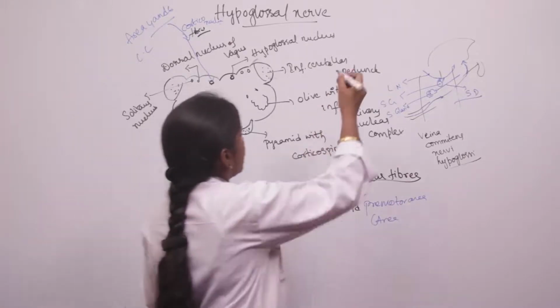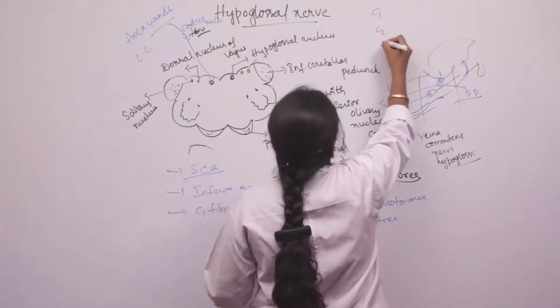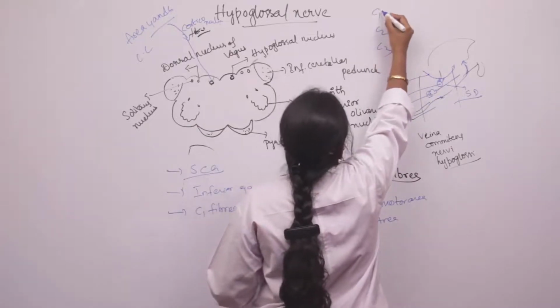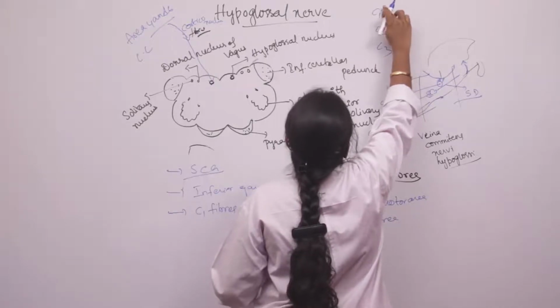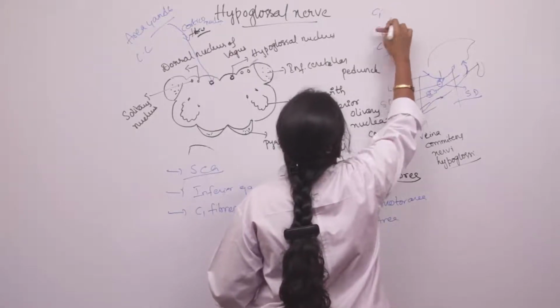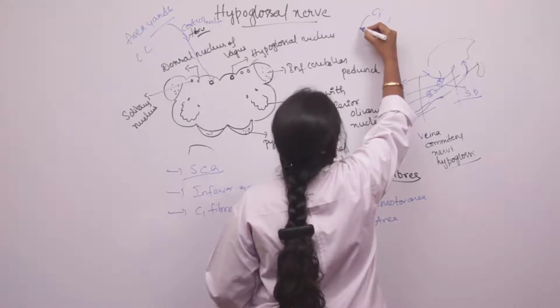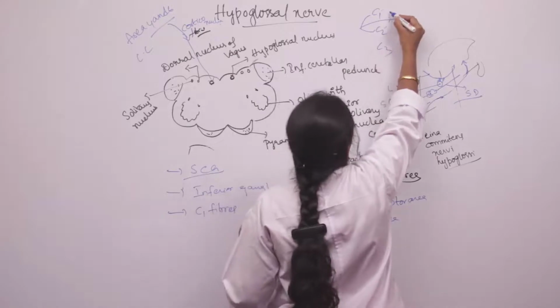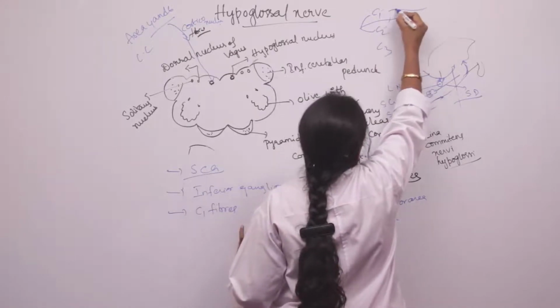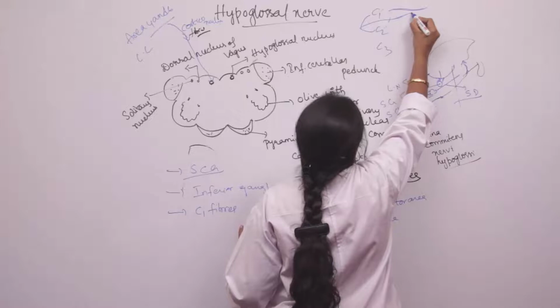We know that from C1 and C2, we have a branch coming here carrying the fibers of C1. This branch runs along with the hypoglossal nerve. This is the hypoglossal nerve and this is the C1 fibers.